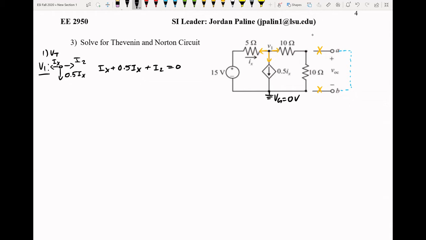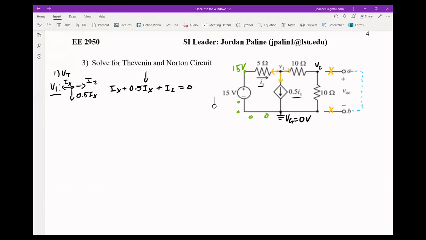Now if we come here and see what we have, if we go look at the Ix down here, this will be 0, 0, 0, 0. We'll pick up 15 volts.